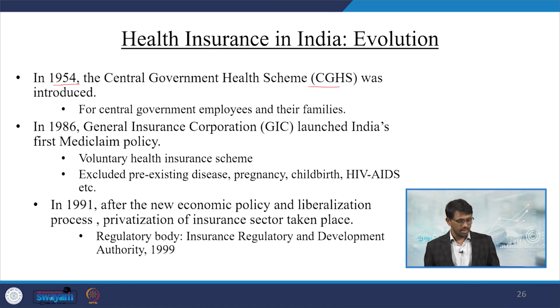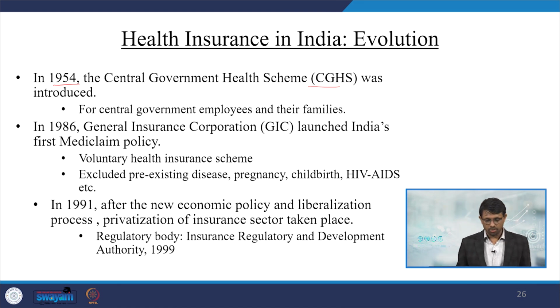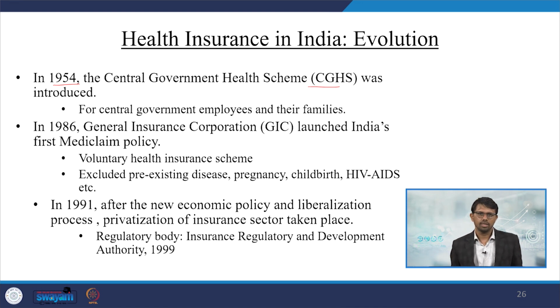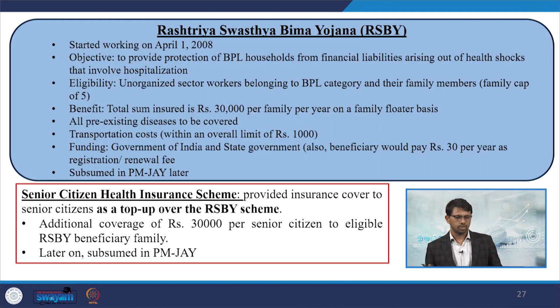This is considered a voluntary health insurance scheme, and it excludes pre-existing disease, pregnancy, childbirth, HIV, AIDS, etc. In 1991, after the new economic policy and liberalization, privatization of the insurance sector took place. Then the regulatory body, IRDAI, the Insurance Regulatory and Development Authority, was set up in 1999, and this is considered the prime body in this sector.